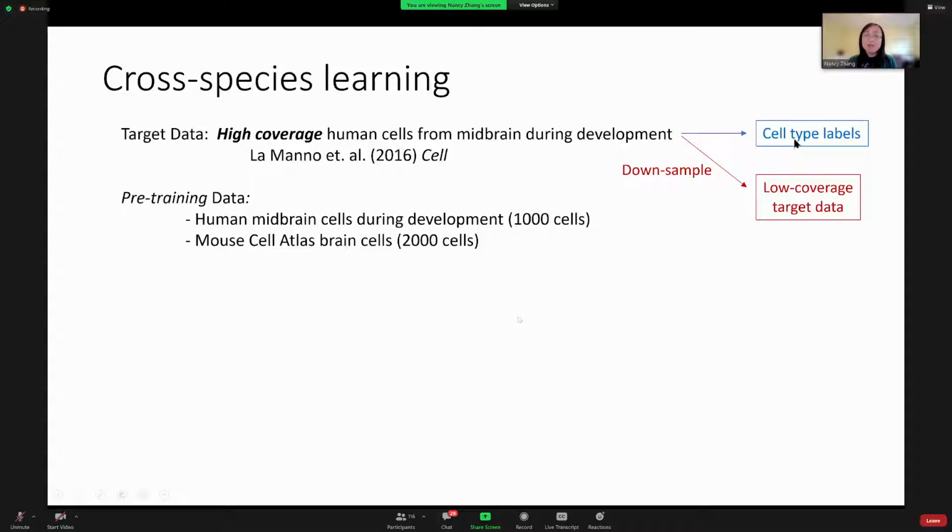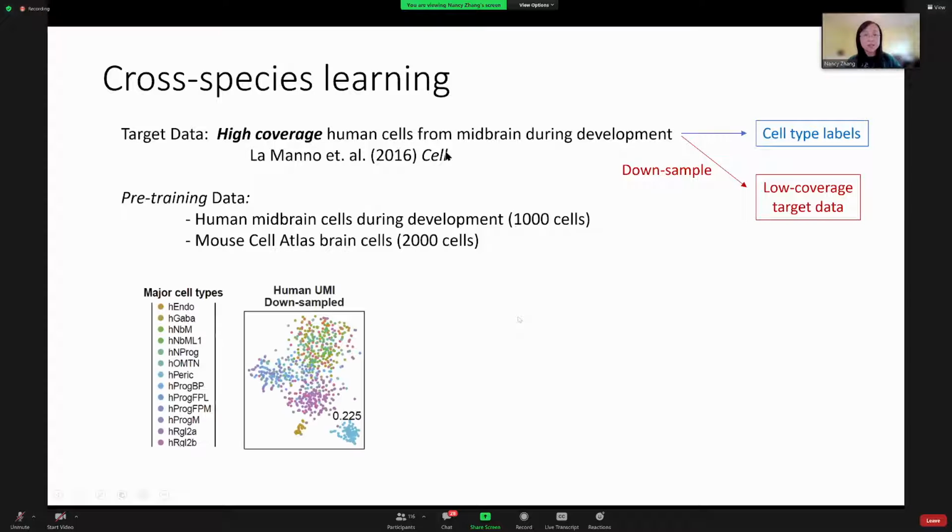And then what we want to do is see whether we can learn from mouse brain cells to take this low coverage data and recover from it the signals that were originally in the high coverage data. Okay, does that make sense? So here is the downsampled low coverage human data.